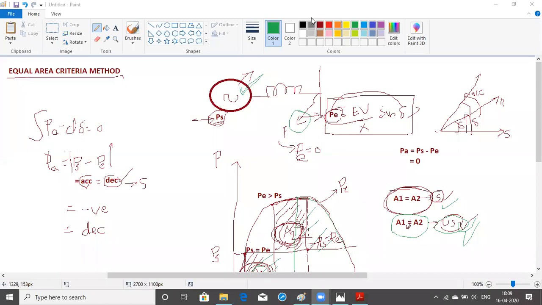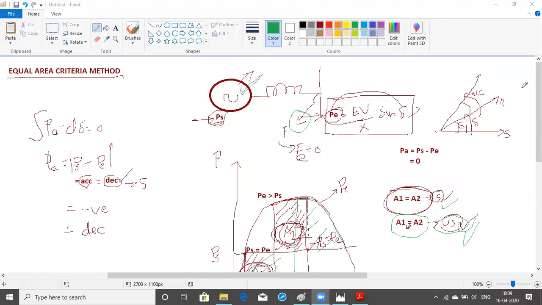But PS is equal to PE, for example, if there is no fault, then we call it an equilibrium condition, right? How could you differentiate before the fault and after the fault? For that reason, I am using before the fault as the equilibrium condition, where PS is equal to PE. After the fault, and after the fault has been cleared also, it is coming to the stable operating point again. That indicates again the equilibrium condition, right? Both are the same. That point indicates that it is operating under the stable condition.